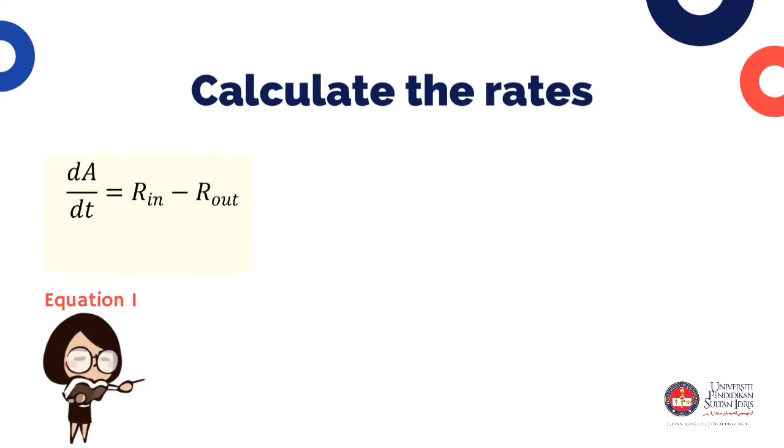For the solution, let the rate of change of the amount of salt over time t be dA over dt. dA over dt equals the rate in of salt minus the rate out of salt. Let this be equation 1.